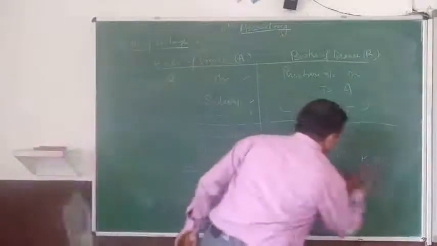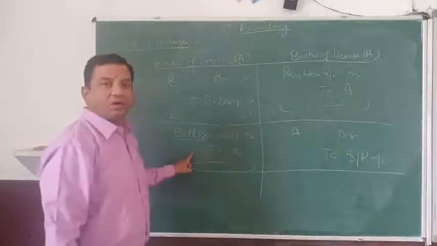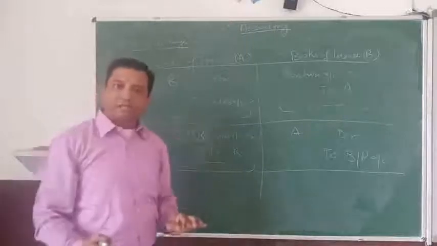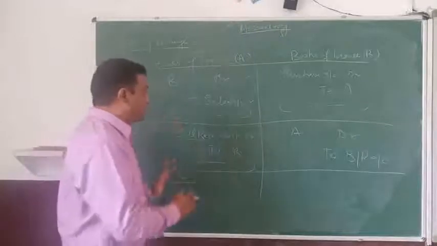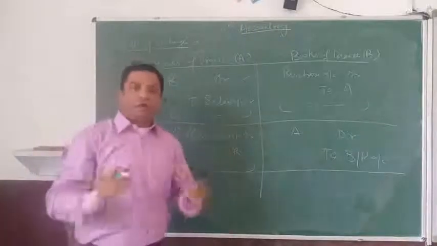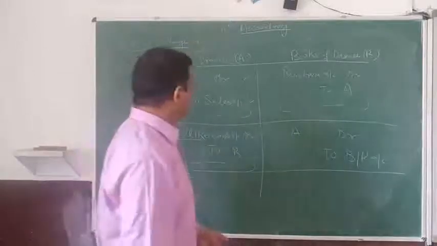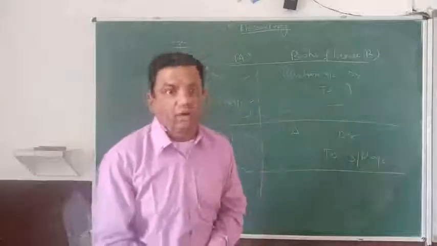Second, now this bill will be retained by the drawer up to due date. Suppose he keeps this bill with himself till the due date, and on the due date presents this bill to collect the money. When on due date this bill is shown to the drawee for the payment, it is called presentation of the bill.